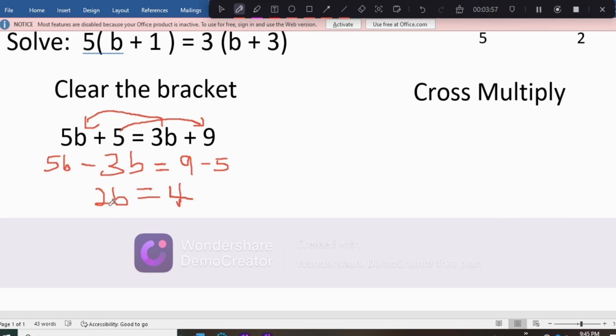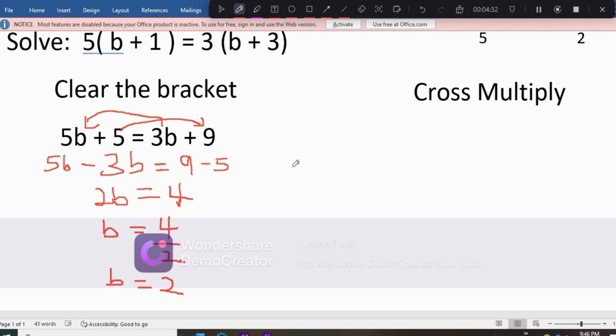So 2b equals 4, which means 2 multiplied by something is going to give us 4. Obviously that is 2. 2 times 2 is 4. So we can say b is 2. You can say 4 divided by 2. So we have b equals 2. That's clarified.